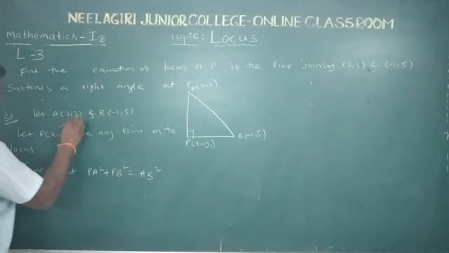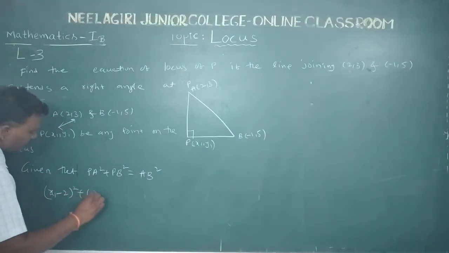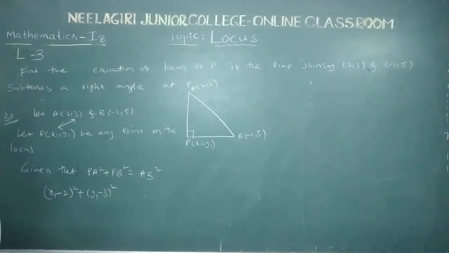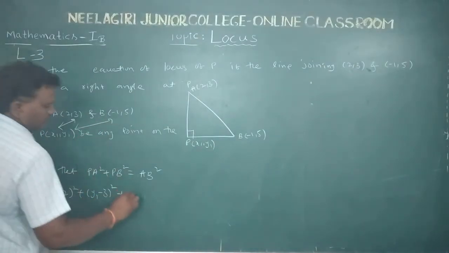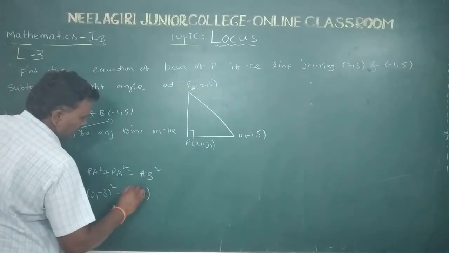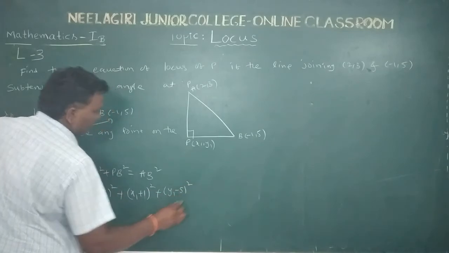First PA, the distance between P and A, is (x1 minus 2) whole square plus (y1 minus 3) whole square, plus PB: (x1 minus minus 1, that is x1 plus 1) whole square plus (y1 minus 5) whole square.